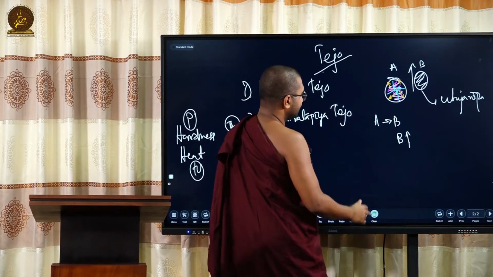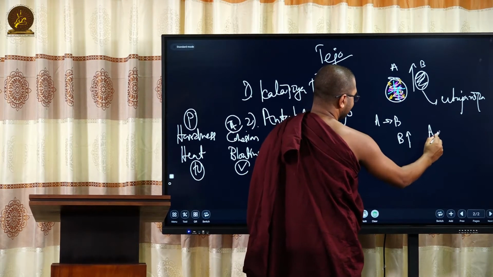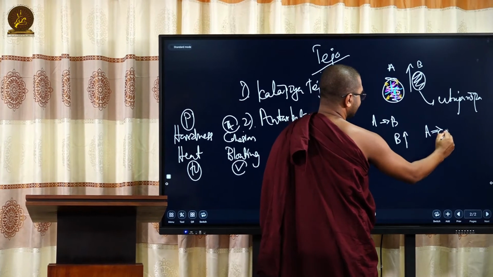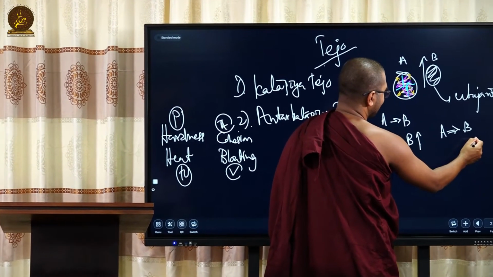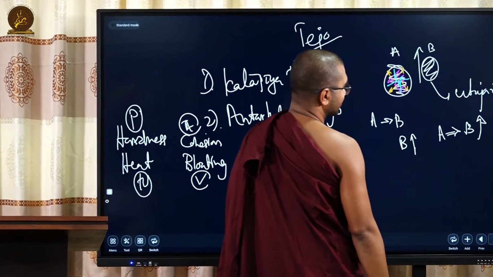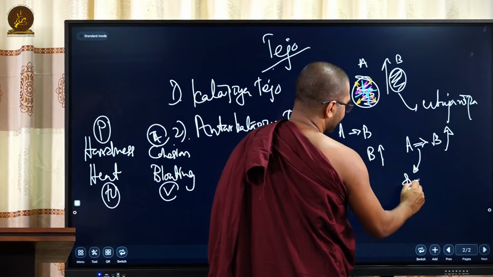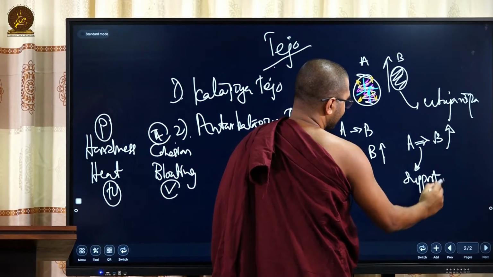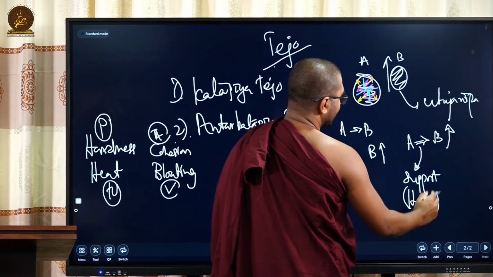According to Theravadins, B is supported by A. But still, even the Theravadins say it arises having not been before. So the Madhyamika's argument is, this support is just a support. It's Hetu, not the Kattu.